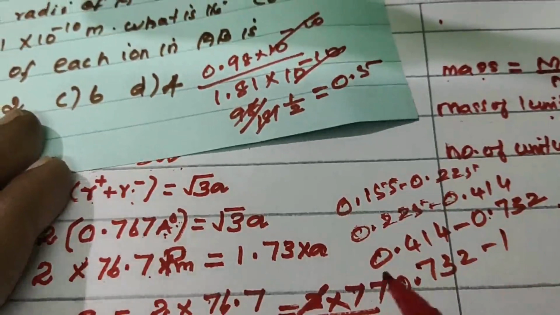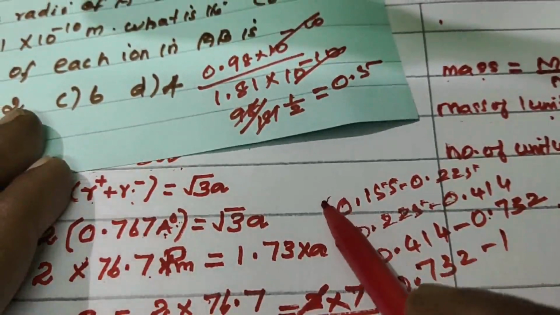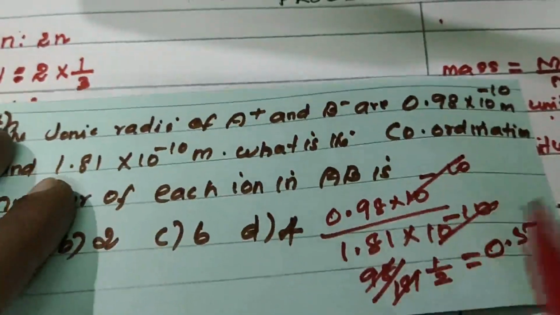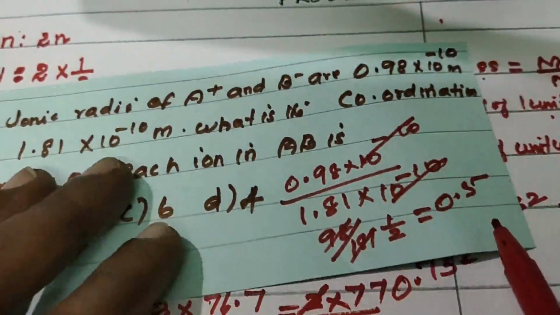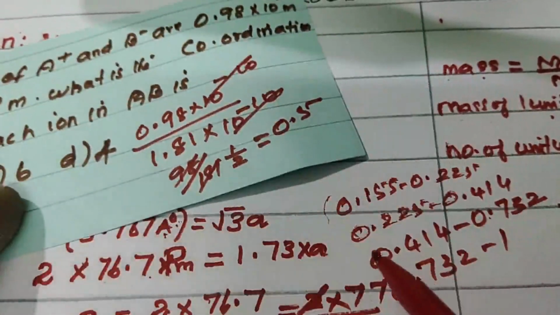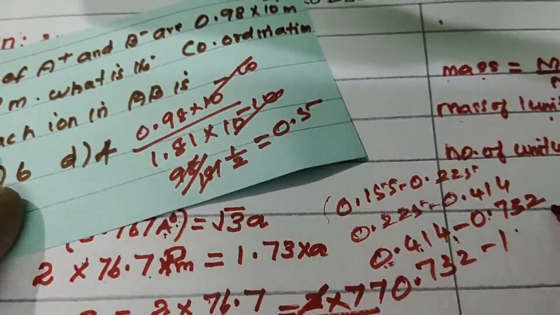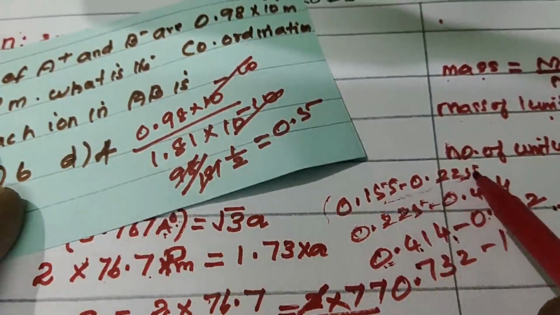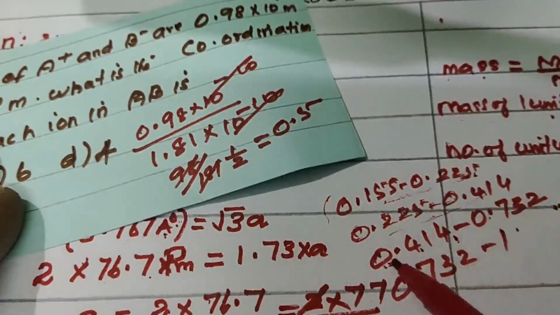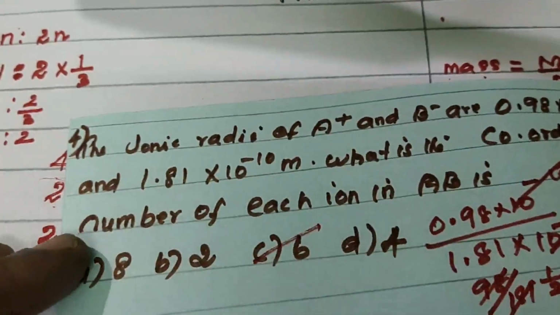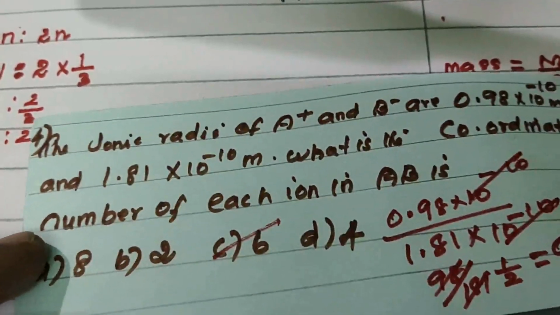Here, first find the value: the radius of cation divided by the radius of anion. This value, 0.5, lies between 0.414 and 0.732. So the coordination number is 6, and option C is the correct option. This type of problem is also very important.